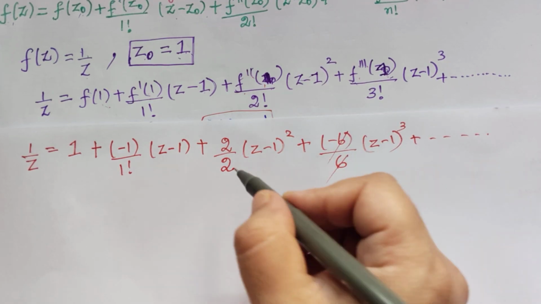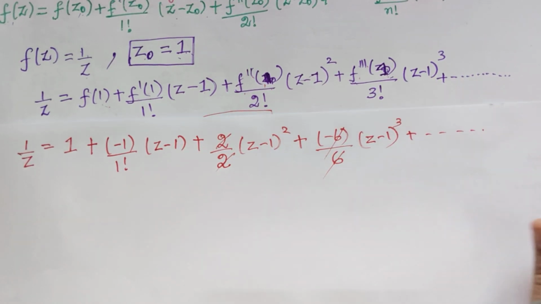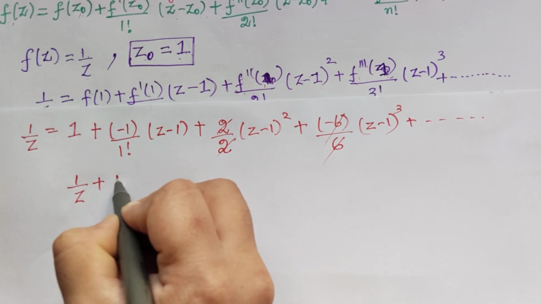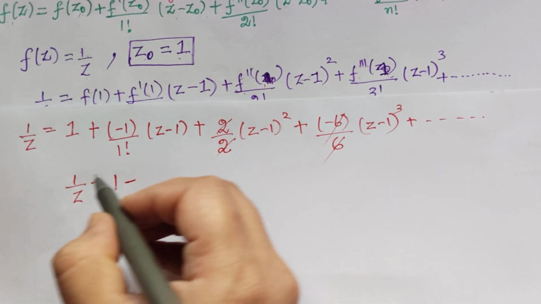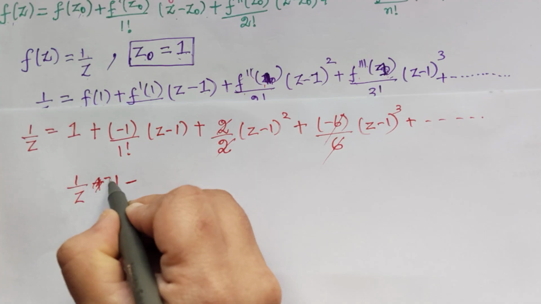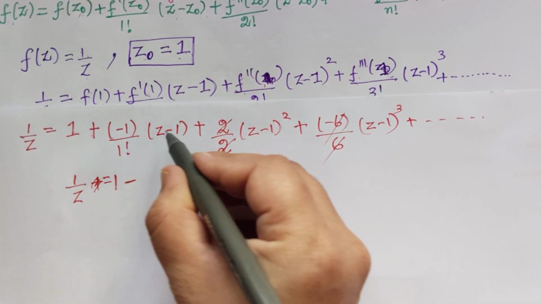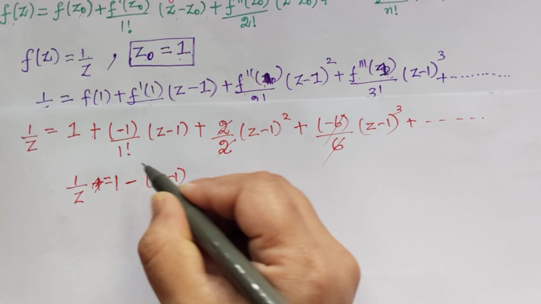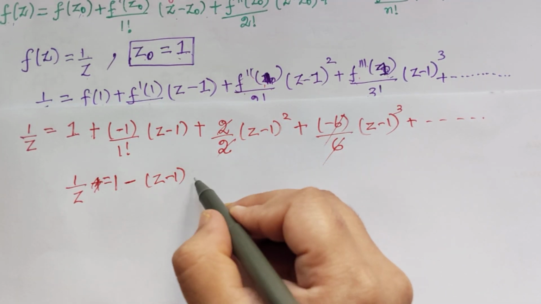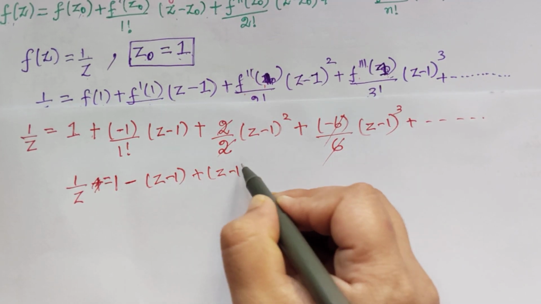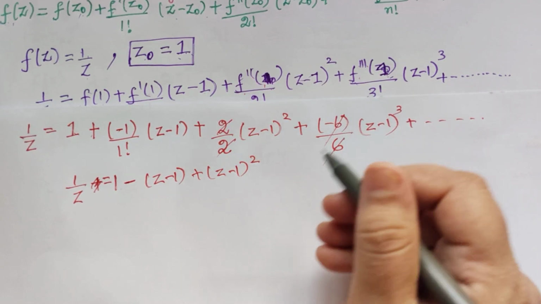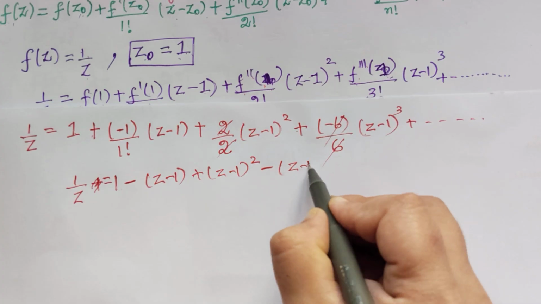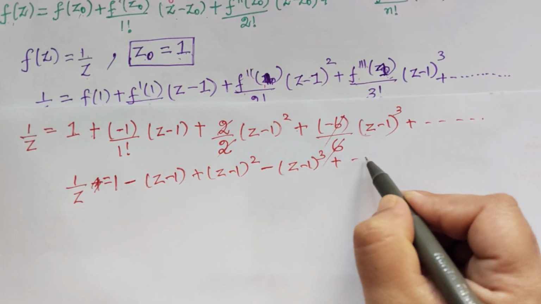So the 6 and 6 get cancelled, 2 and 2 get cancelled, and on simplifying we get 1 by z is equal to 1, and then plus into minus is minus z by 1, and 1 factorial is 1 only, and then plus z minus 1 the whole square, and then minus again, plus into minus, so minus z minus 1 the whole cube, plus etc.